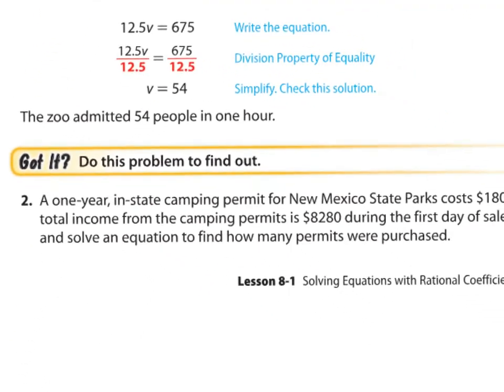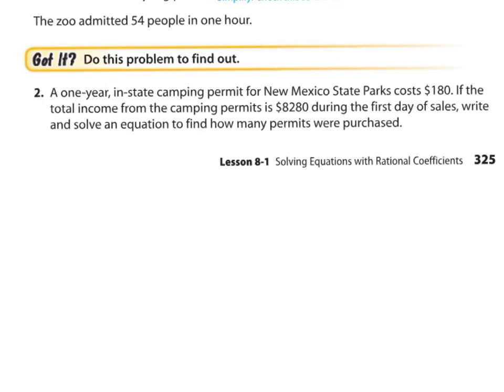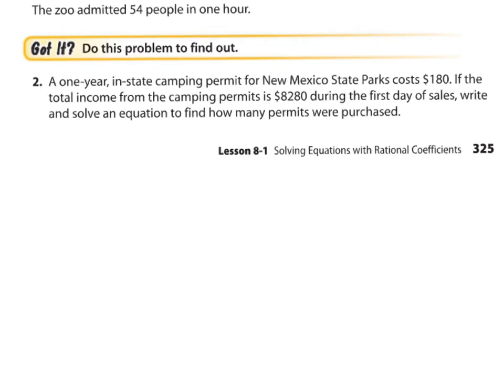Okay, here we have another real-world context word problem. Let's read it together, and then you will pause and try to do it on your own. A 1-year in-state camping permit for New Mexico state parks costs $180.